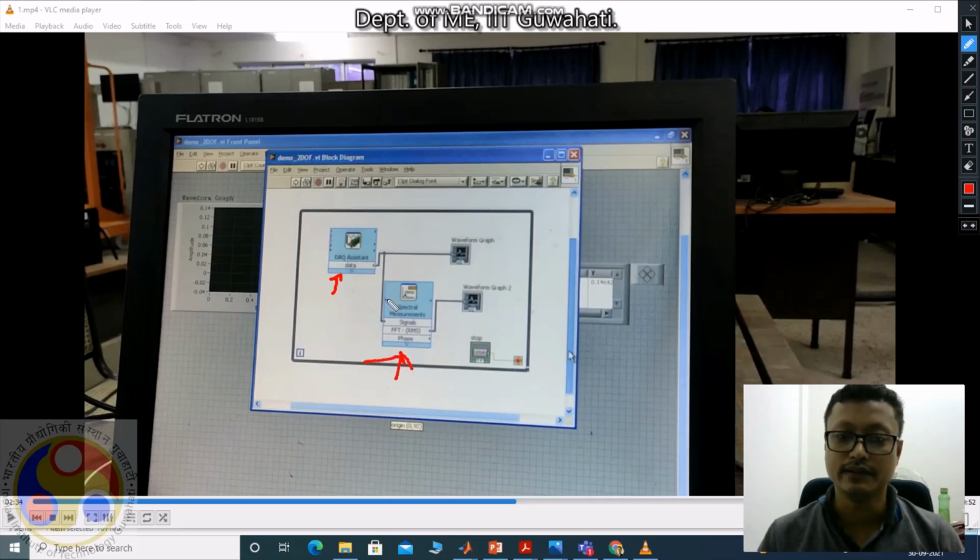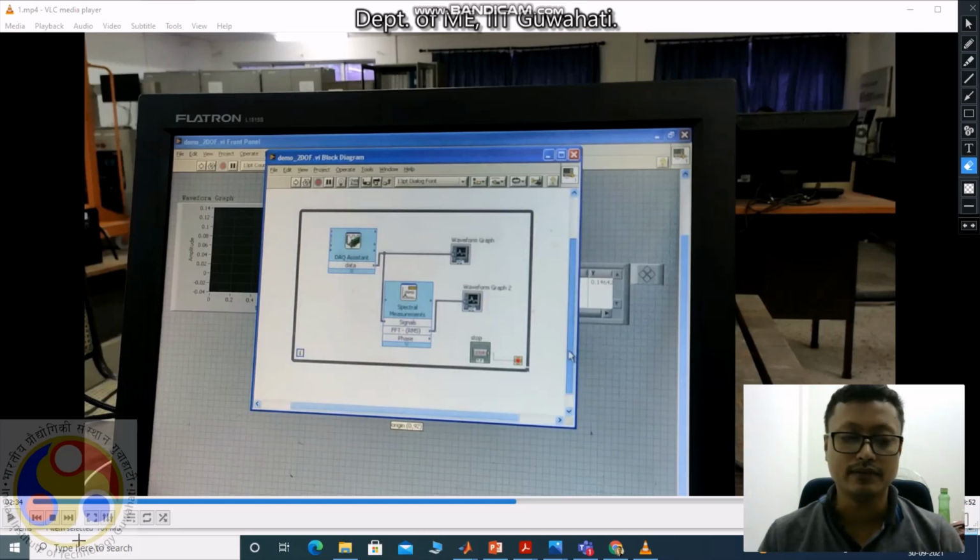You can get this data in a particular file, and we select one XY graph block from there, and another XY block for another channel. This is for FFT measurement, RMS measurement, one for getting the data directly here, and one stop button additionally added in this block diagram from the NI library. Okay, let's play the video.